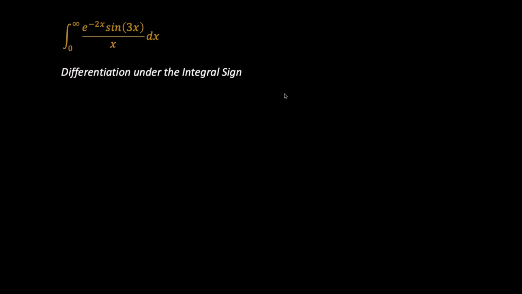What this essentially means is that if you're integrating a bivariate function, and by bivariate I mean something that has two variables in it, f(x, t), from a to b, and you take the derivative with respect to t of that integral, that's the same as integrating the partial derivative of that function with respect to t.